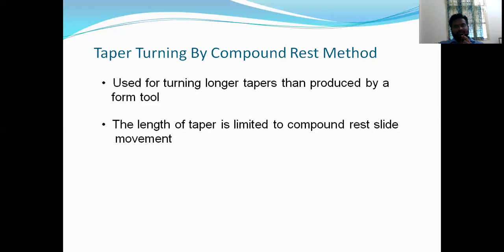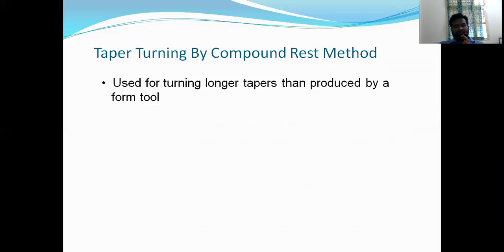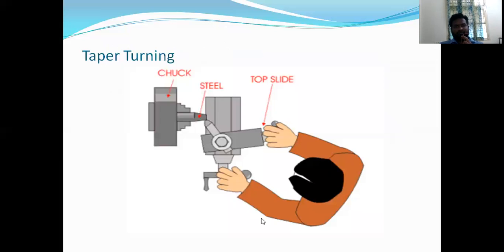Here, the length of the taper is limited to the compound rest slide movement. That means we give feed by rotating this wheel, and it moves only some distance, up to here.